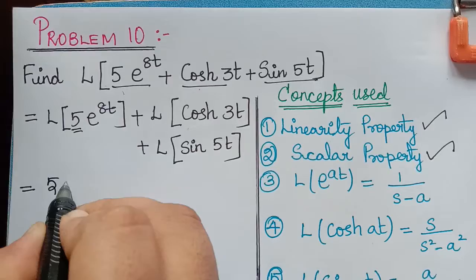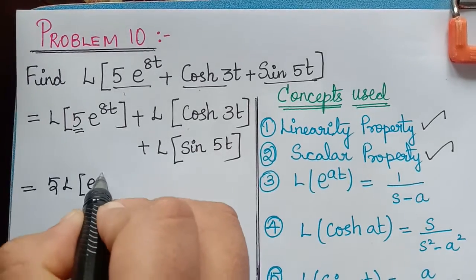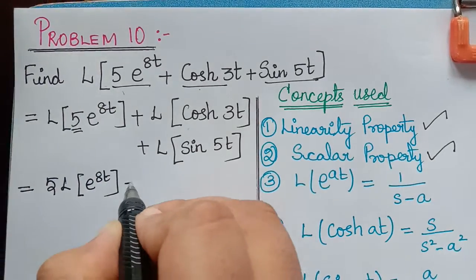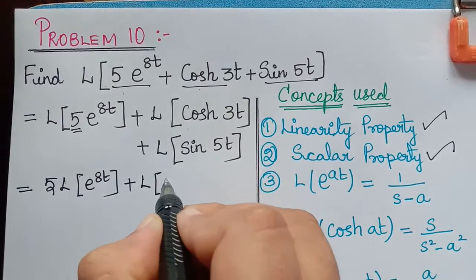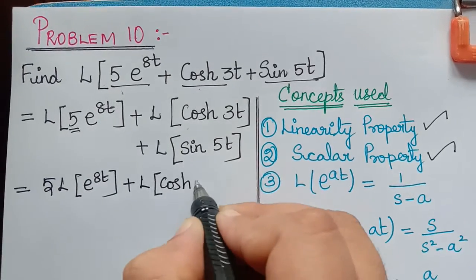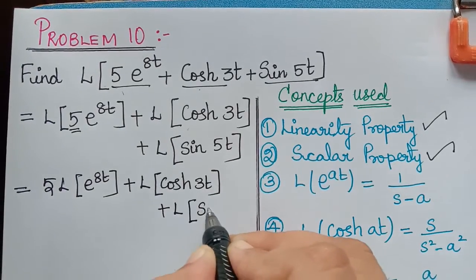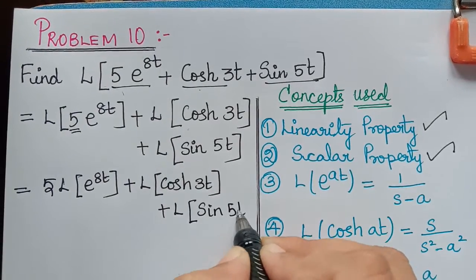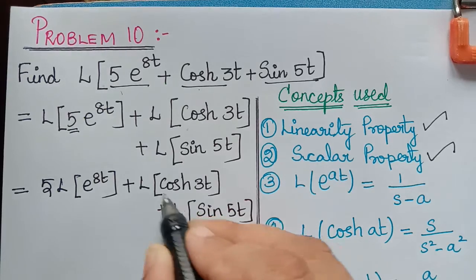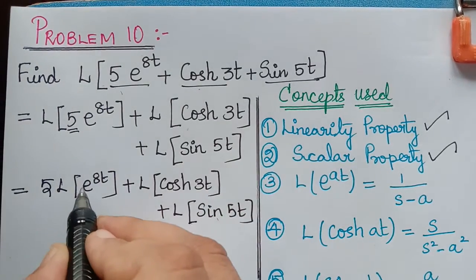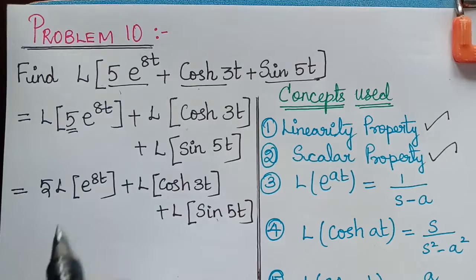So 5 multiplied with Laplace transform of e power 8t plus Laplace transform of cosh 3t plus Laplace transform of sin 5t. These two terms do not have a constant before, so they remain the same. Here alone we had a constant, so that we have taken out.